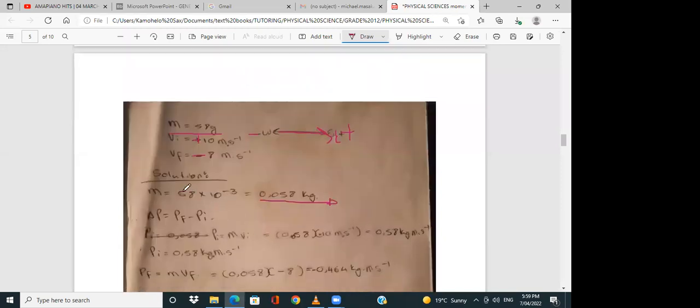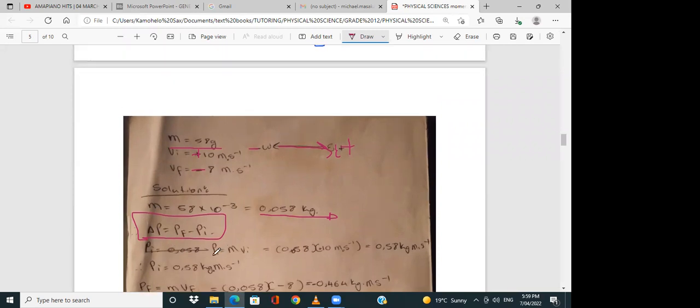In our conversion, we're just going to do 58 multiplied by 10 to the power of negative 3, or again, you can divide it by 1,000. Your answer is 0.058 kilograms. Now, coming to calculating our delta P, let's start by calculating our initial momentum.